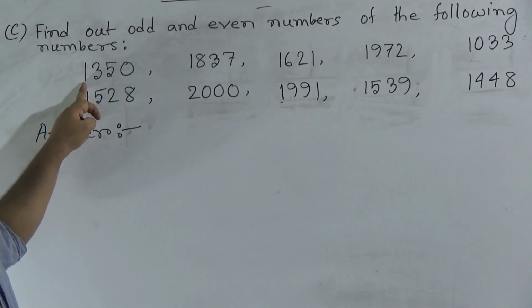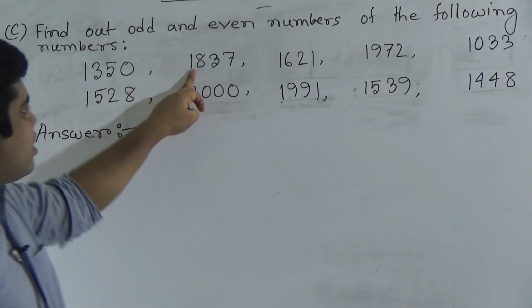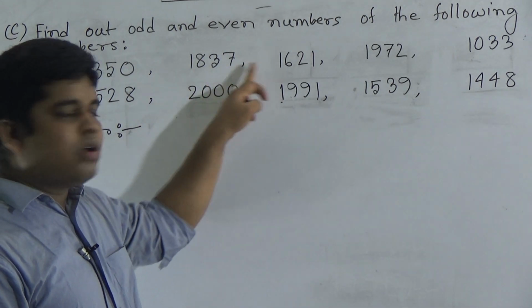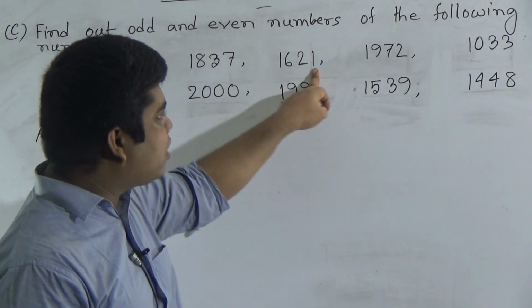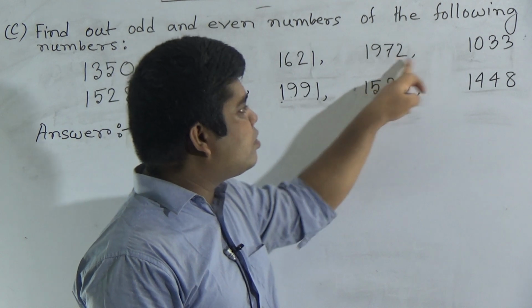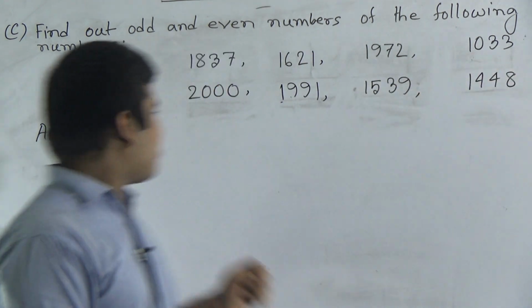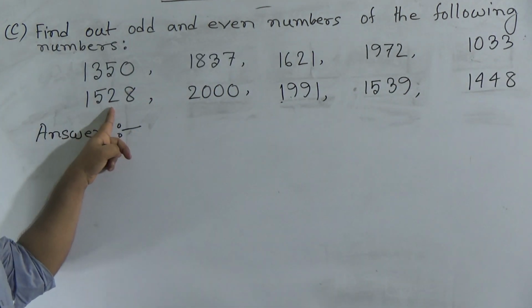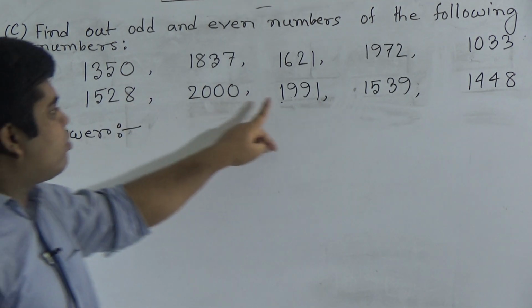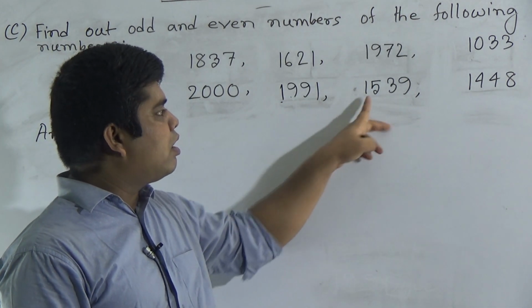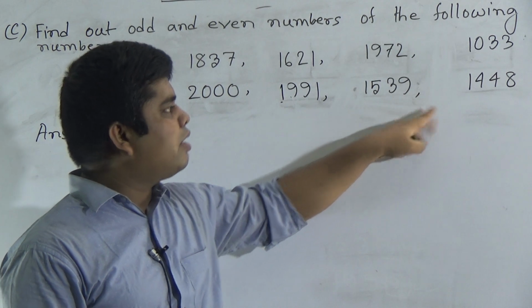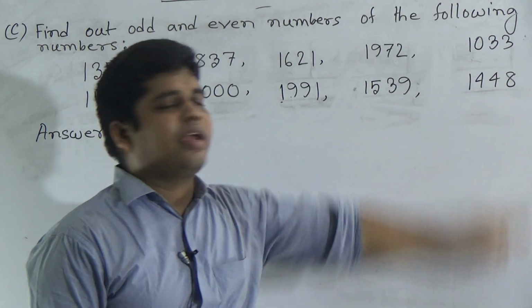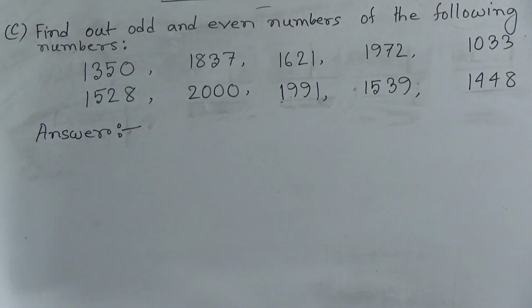They are 1350, 1837, 1621, 1972, 1033, 1528, 2000, 1991, 1539, 1448. So, 10 numbers are given. My dear students, from these 10 numbers, we shall find which numbers are odd and which numbers are even.